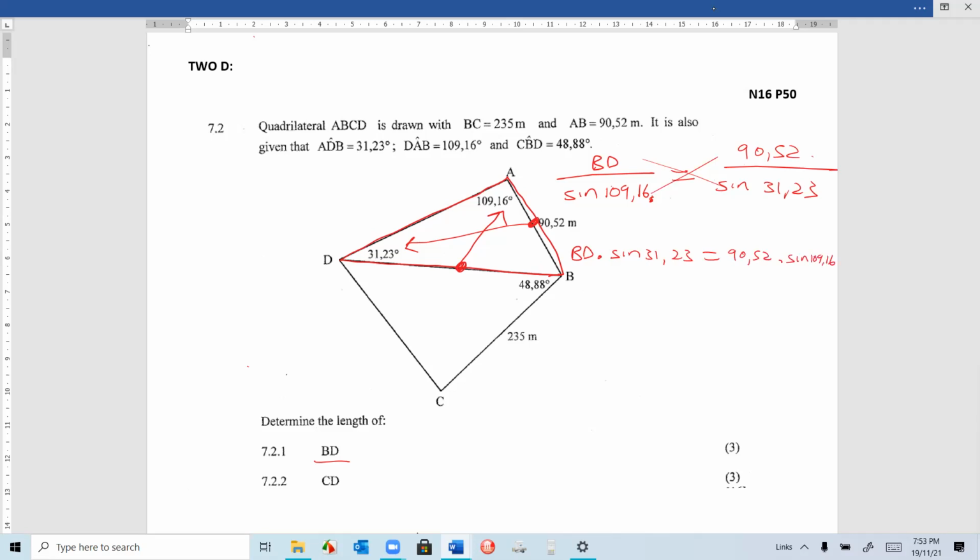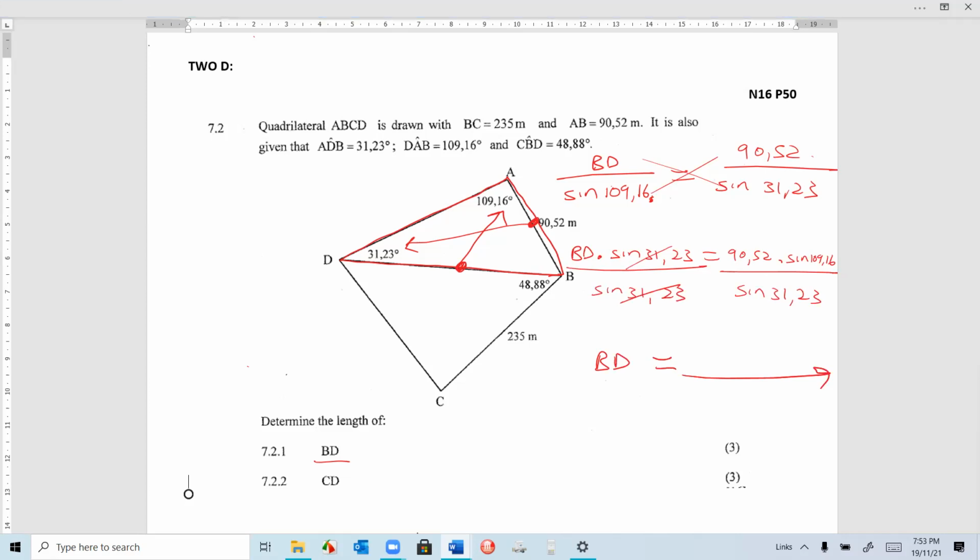To find BD, I want to cancel this off, and the only way to cancel it is to divide by sine 31.23. But it's an equation, so whatever you do on the left, you have to do on the right. Now if you type that as it is on a calculator, you will get an answer. And that is called the sine rule.